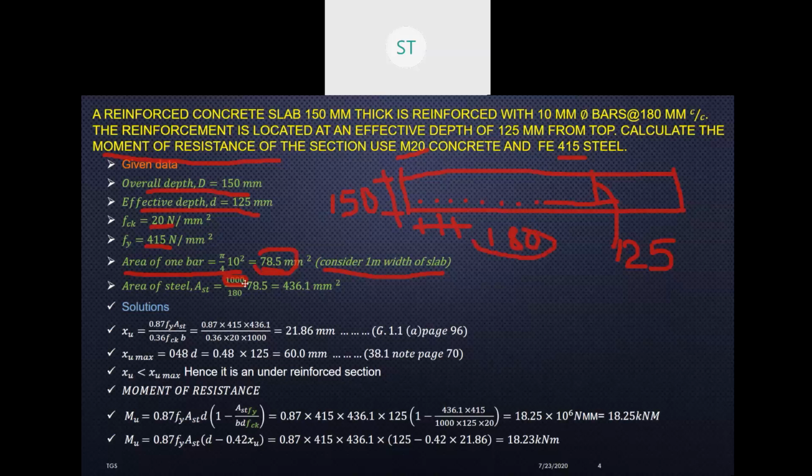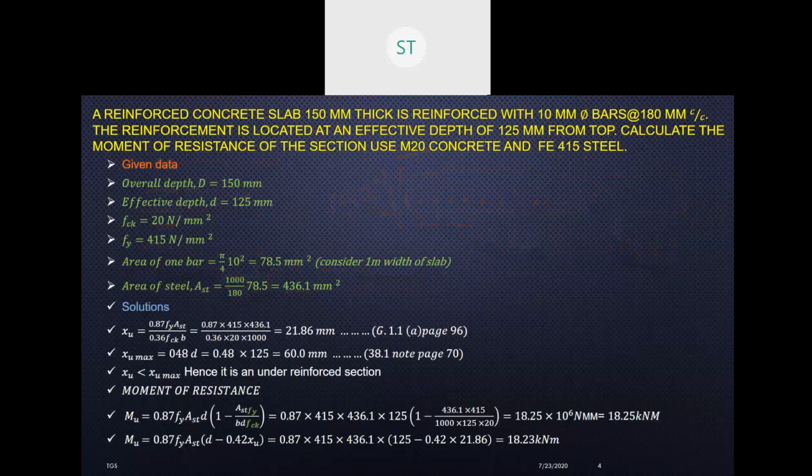So 1000 divided by 180 multiplied by area of 1 bar. So that is the area of steel in 1 meter width. So this is area of steel equal to 1000 divided by 180, where 180 is the spacing of the bars.